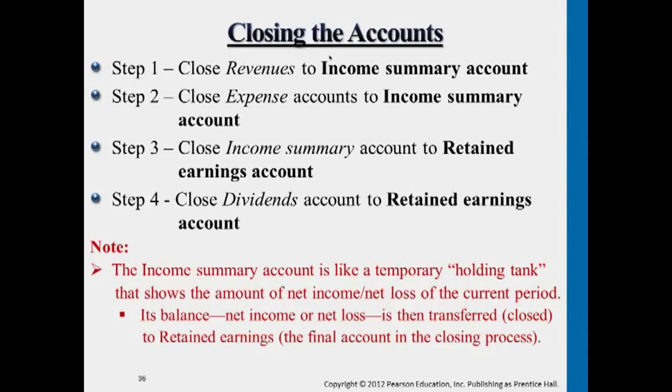Remember that this is just a temporary account that I opened up for the purpose of closing all this. So if we want to 0 this out, we'll do something to the opposite side, transfer this $3,000 to the right side of retained earnings, because there's net income here. And this brings up the retained earnings balance.